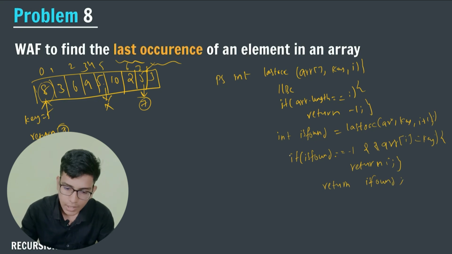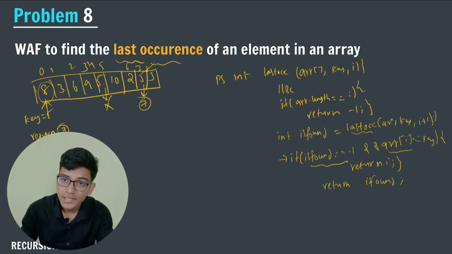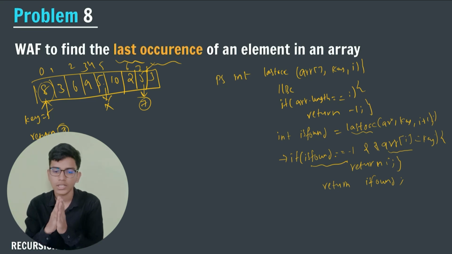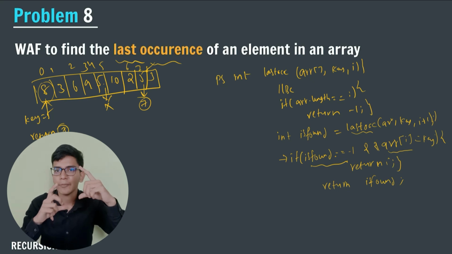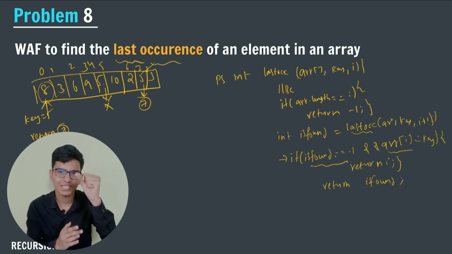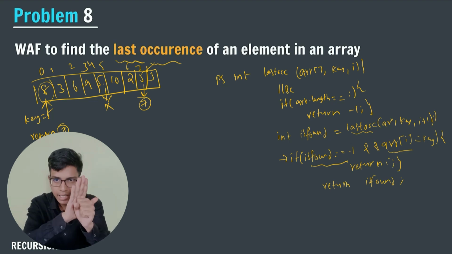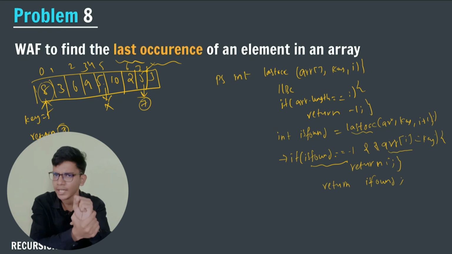It means that here the if statement describes that in the last occurrence, if the element is not present in the rest of the array, then the current element is checked. Let us take an example to understand the if statement. This is my current element. What I told you is that we will not first check whether the current element is equal to key or not.